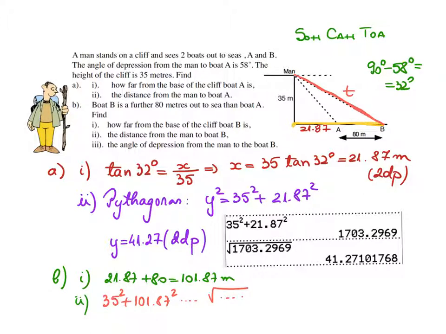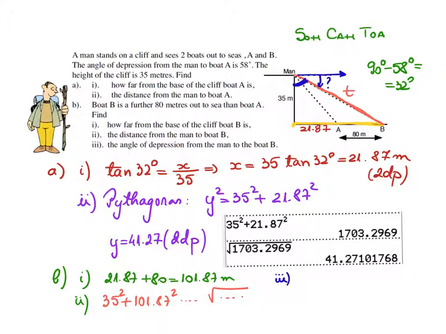And let's do now question three. The angle of depression from the man to boat B. So from the man it goes down to boat B. Well, as you see, this angle doesn't belong to any triangle, so I can't really find it, but I can find this angle here.